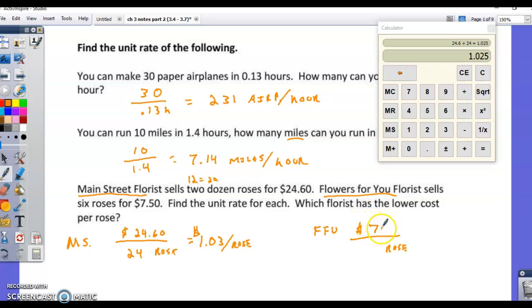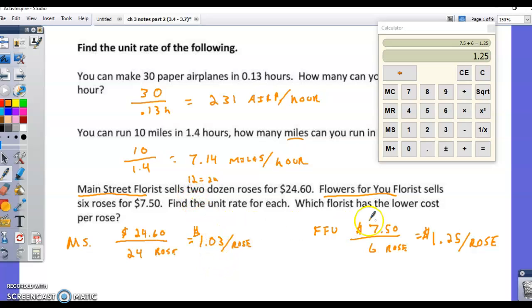So we have $7.50 and 6 roses. 7.5 divided by 6 is $1.25 per rose. So the cheaper cost per rose is Main Street.